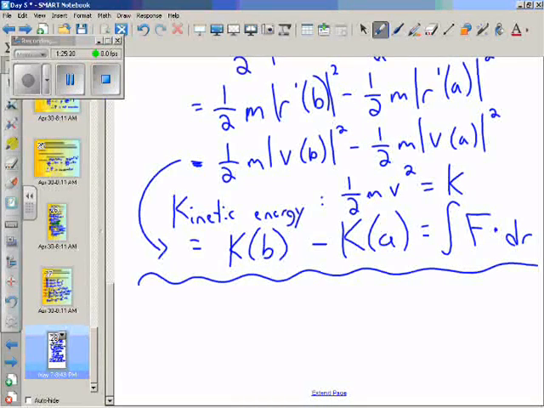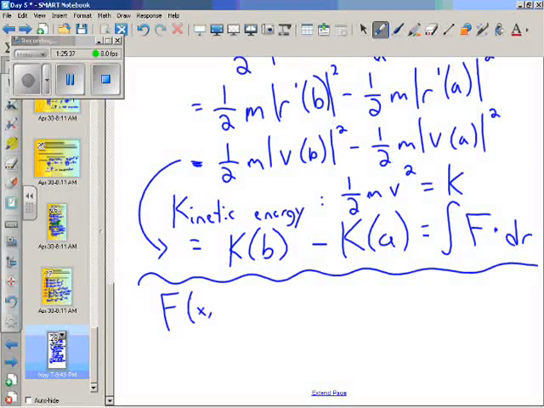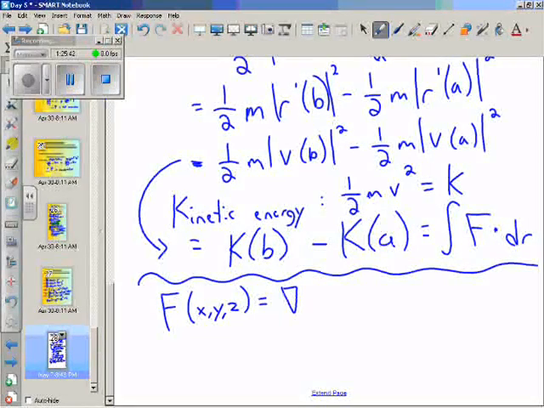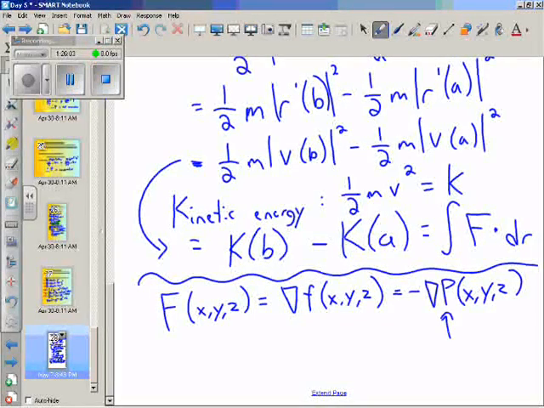But now what I want to very briefly do is, we know that our big F of x, y, z equals the gradient of some other function, little f of x, y, z. And I want to declare one more function that's just going to be the negative of that little f. We're going to call this negative f, P, and we're going to call this the potential function.